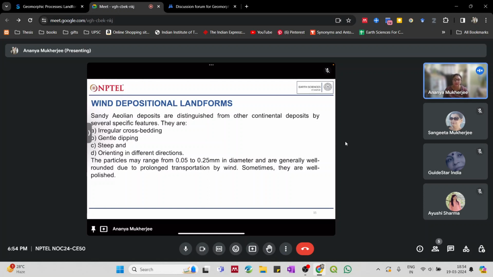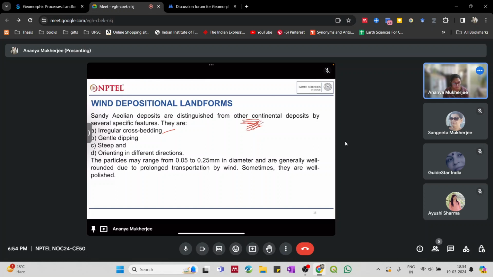You will mostly find irregular cross bedding. Cross bedding is where layers of sand are first deposited in this kind of orientation, but with time, if the wind direction has changed to a different angle, you can see that the sand has now been deposited at this orientation.